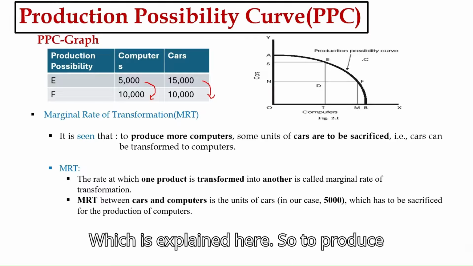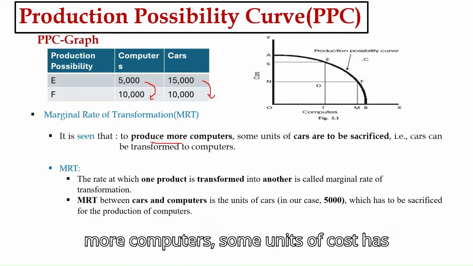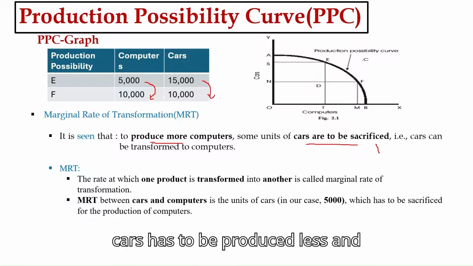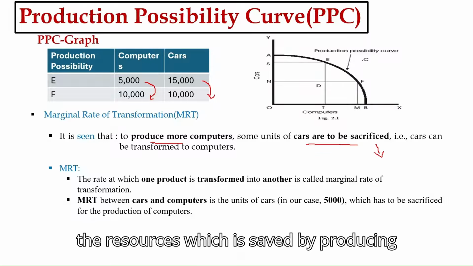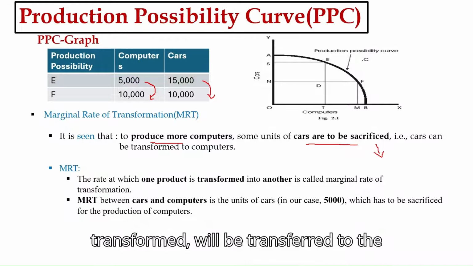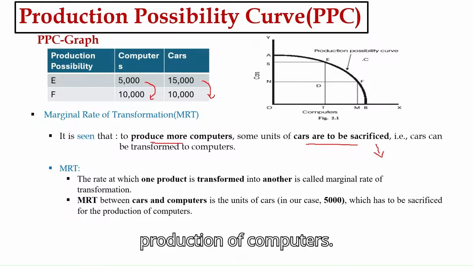This is explained here. To produce more computers, some units of cars have to be sacrificed, meaning some units of cars have to be produced less, and the resources saved by producing fewer cars will be transferred to the production of computers. So what is MRT?